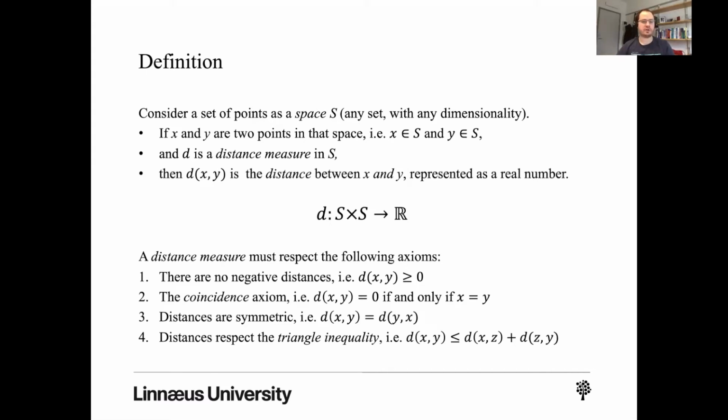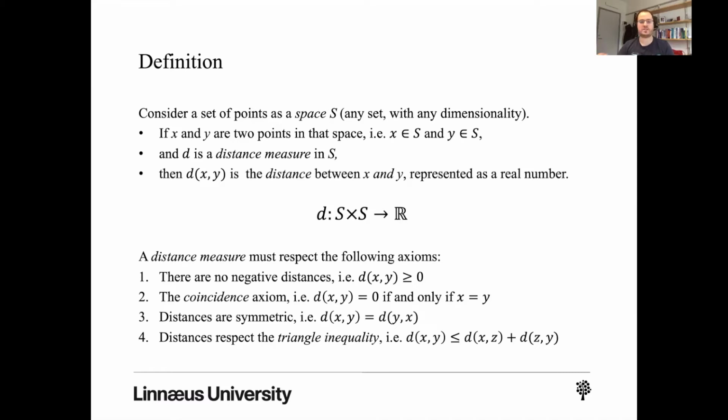So first of all, there are no negative distances. A distance measure never outputs a negative number. It's always either 0 or larger than 0. 0 is also a special value, because this is called the coincidence axiom. If the distance between X and Y is 0, then you assume that X is equal to Y. So it's the same point.